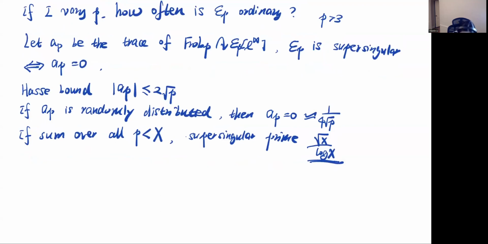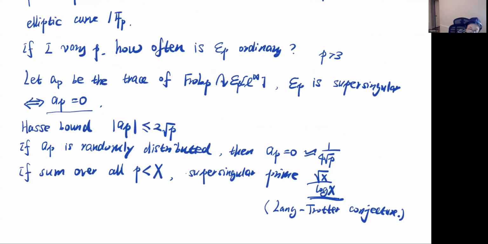And this estimate is a special case of a much more general and wide open conjecture, the Lang-Trotter conjecture. This is assuming that the ap are randomly falling into the interval between minus 2 square root p and 2 square root p.